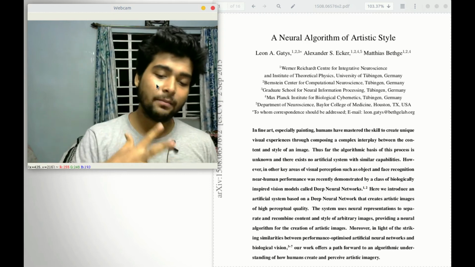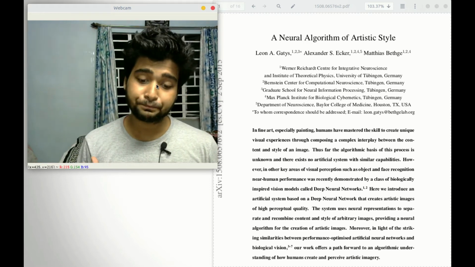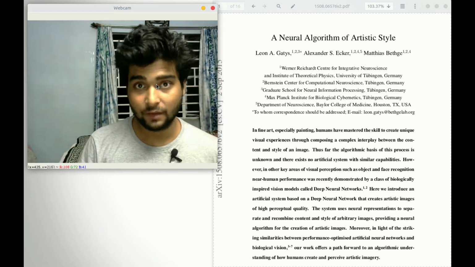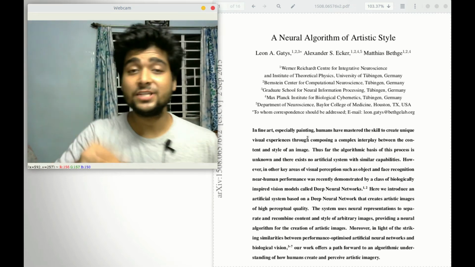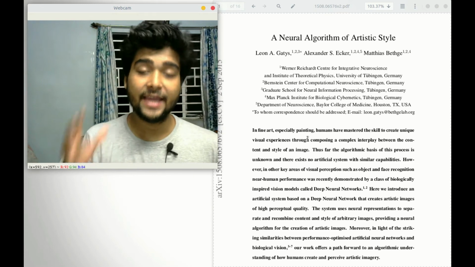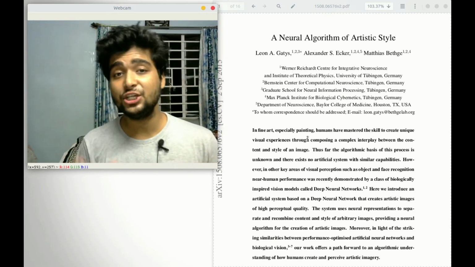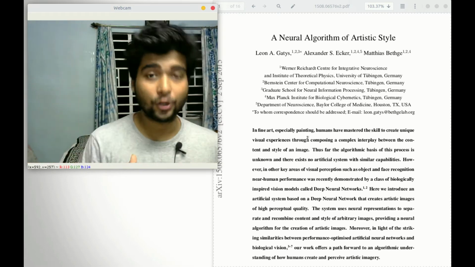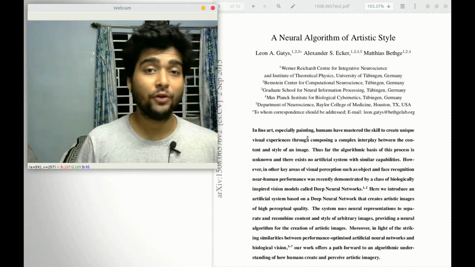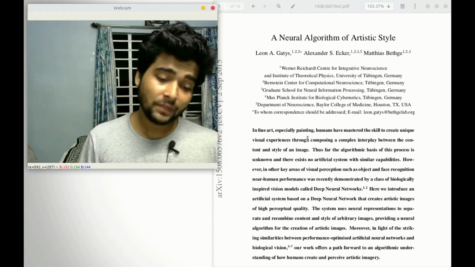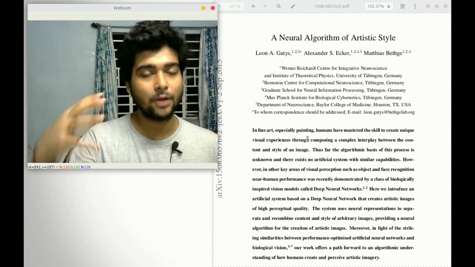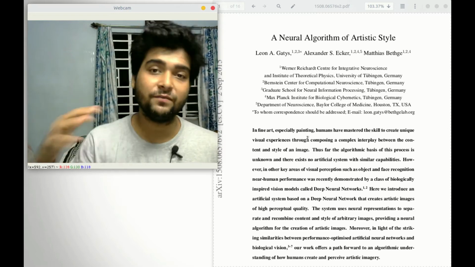With that in mind, in this paper by Gatys, they use a pre-trained VGG19, a 19-layer VGG network pre-trained on the ImageNet dataset, to capture the representations of the style and content images from the intermediate layers of the VGG19.